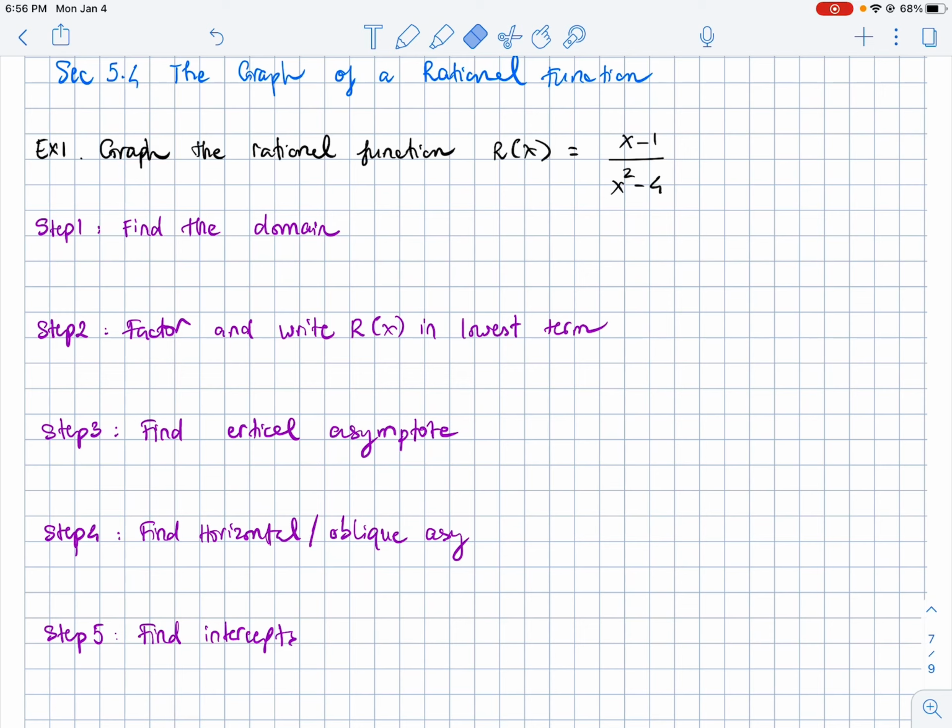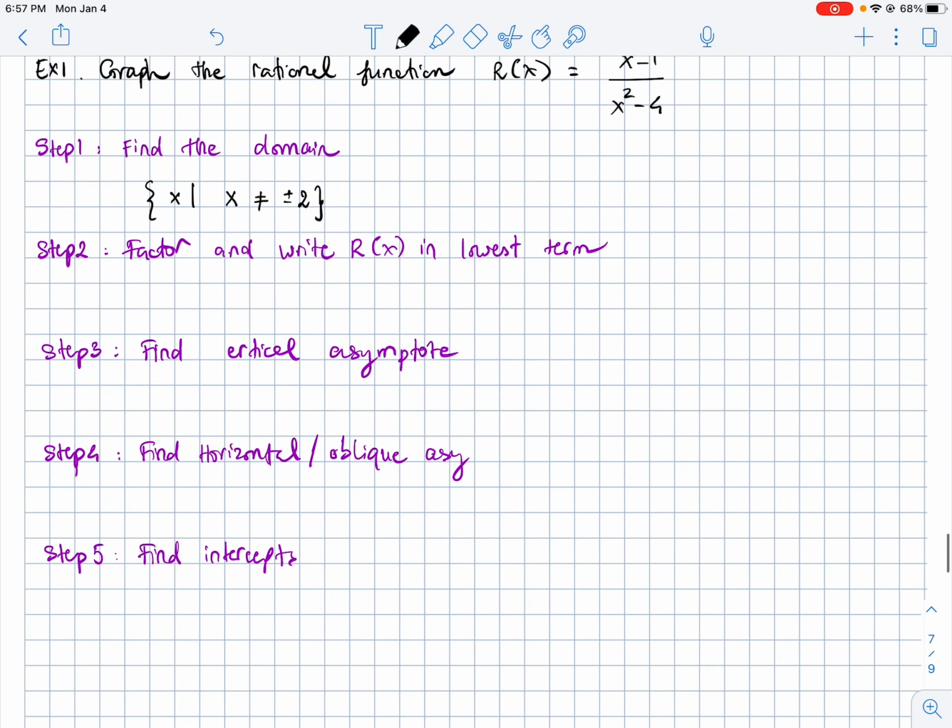You look at the bottom and you see that if x equals plus or minus 2, then the function is undefined. So the domain of r of x is all real numbers except x equals plus or minus 2. We need to factor r of x.